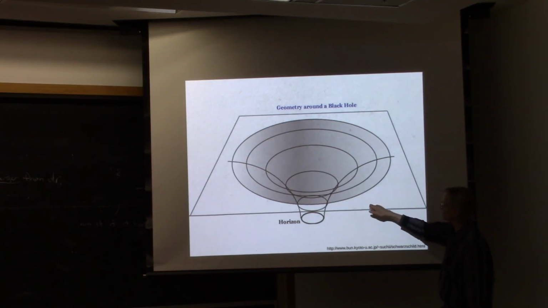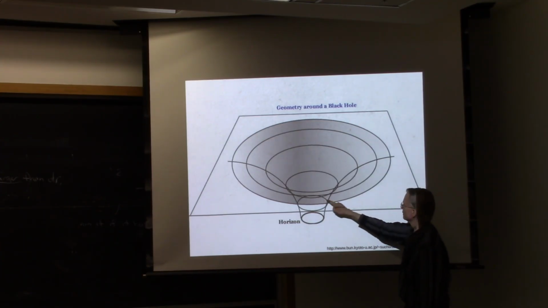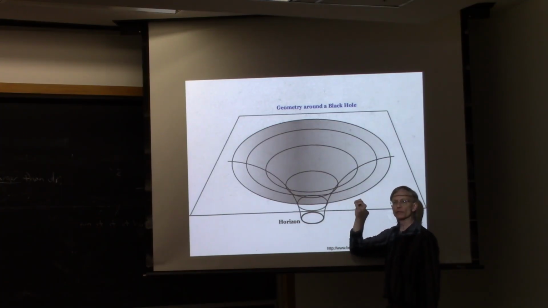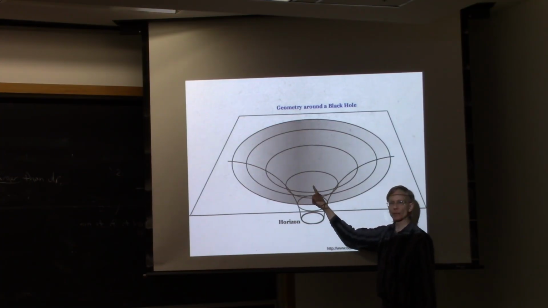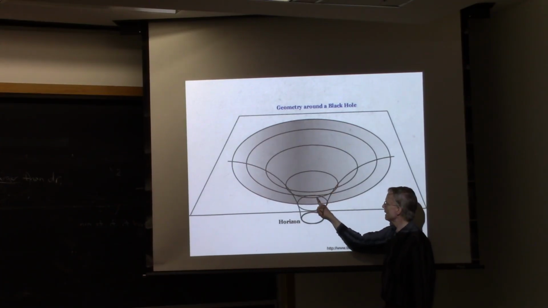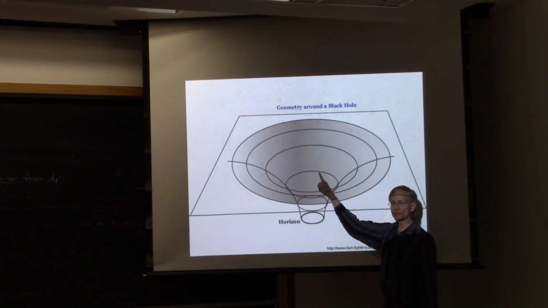And the idea here is, look at these circles. For all of these circles, what the radial coordinate actually represents is the circumference divided by 2 pi. In other words, an ant walks around the circle and measures the circumference, divides that by 2 pi, and that's what r represents.